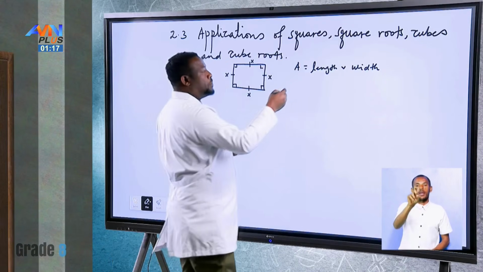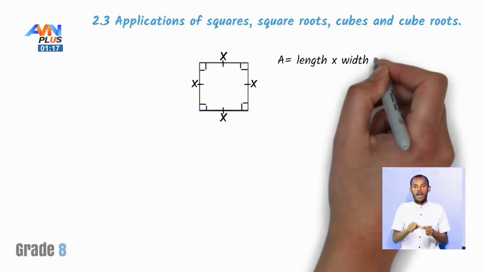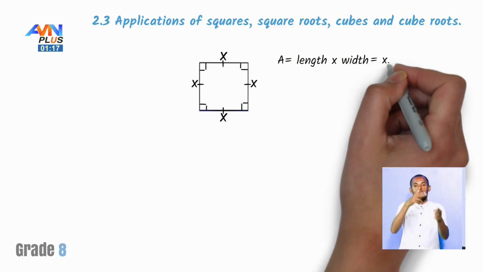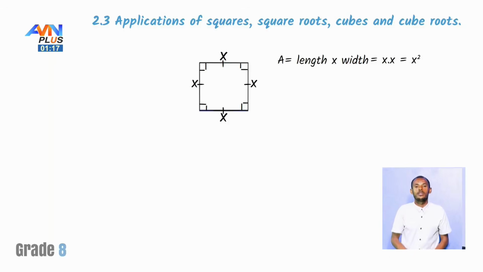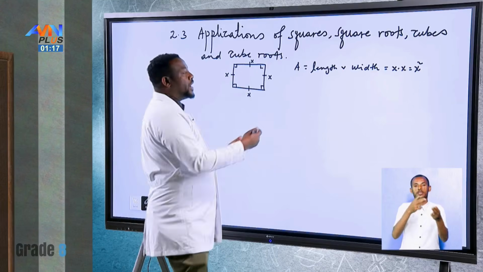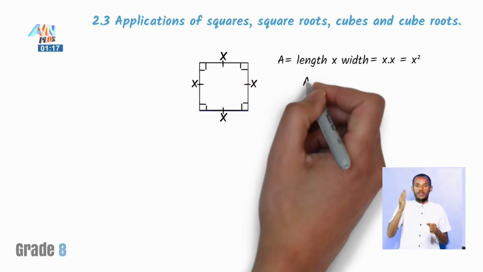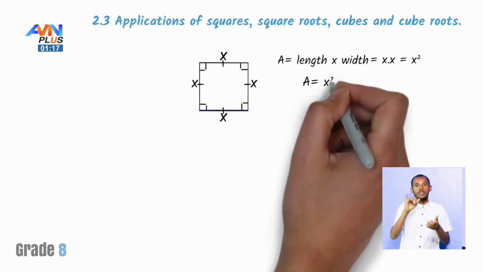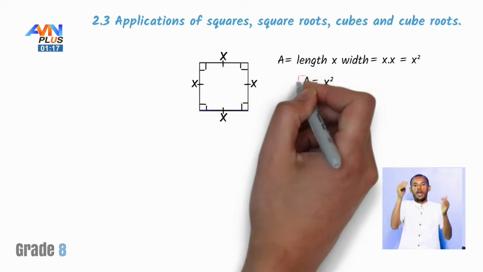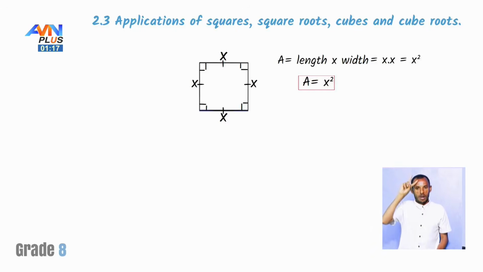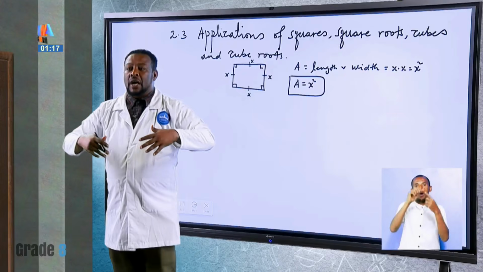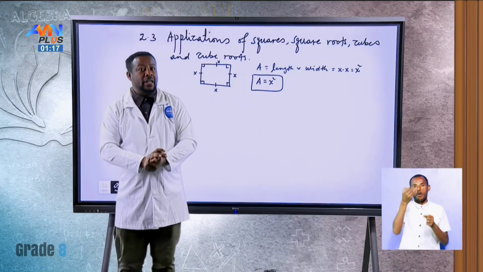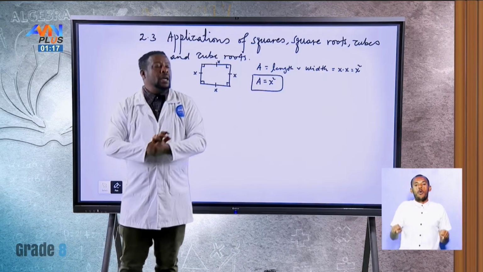So the area becomes x times x, which is x squared. Okay, so there is a relationship between the area and the side of a square. So that relationship is A equals x squared. Okay, you need to have this relationship to understand the area of a certain square region, right?